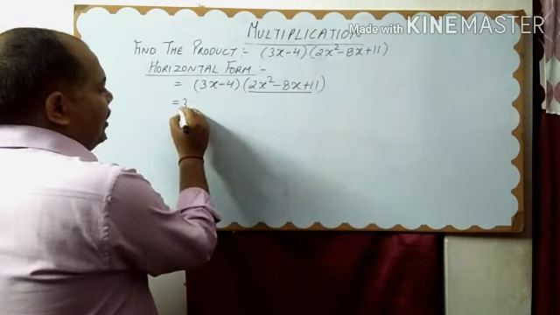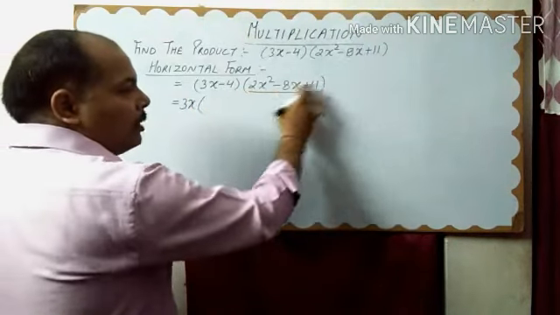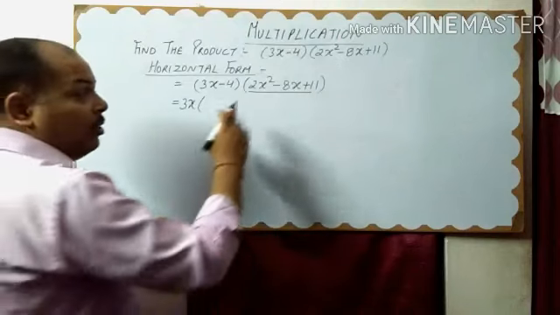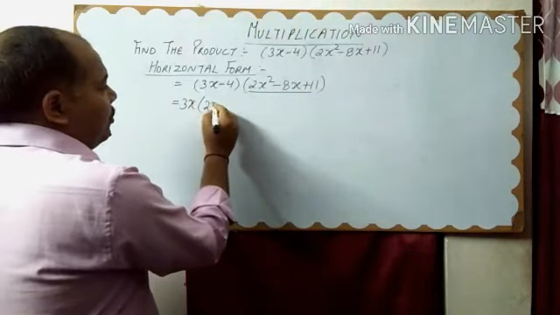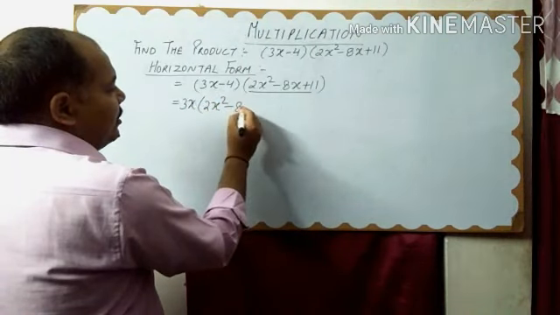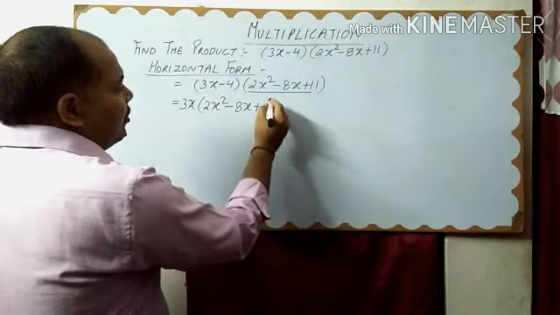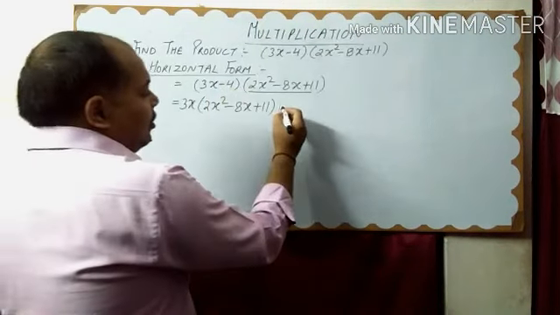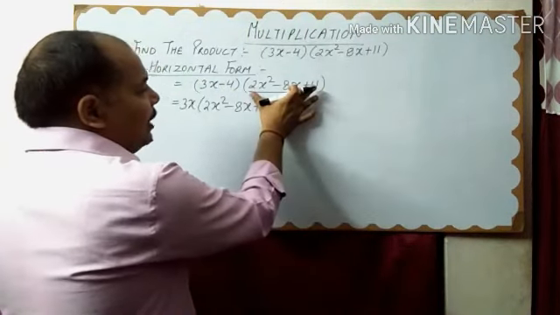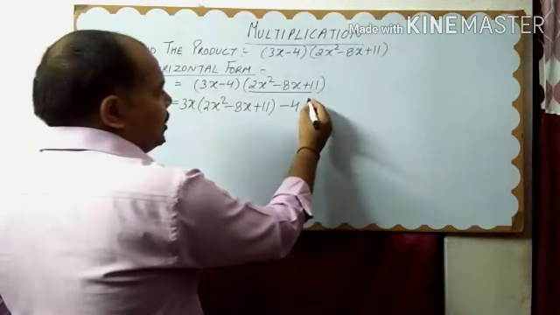First we multiply all the terms of this polynomial, means all the 3 terms of this polynomial, by 3x. So we will write it like this. Okay. Now again we will multiply these all 3 terms by minus 4.